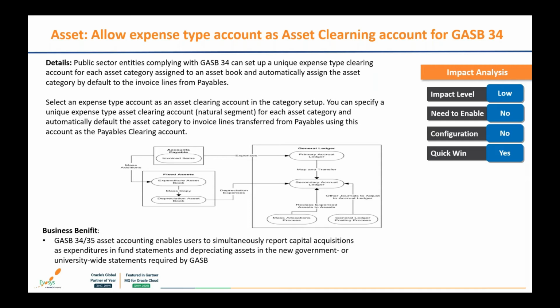If a particular subjective or natural account is selected at the invoice level, the system will automatically classify that this belongs to this particular category of fixed assets. As I mentioned, this is very specific to the US, and again, to government sector organizations.